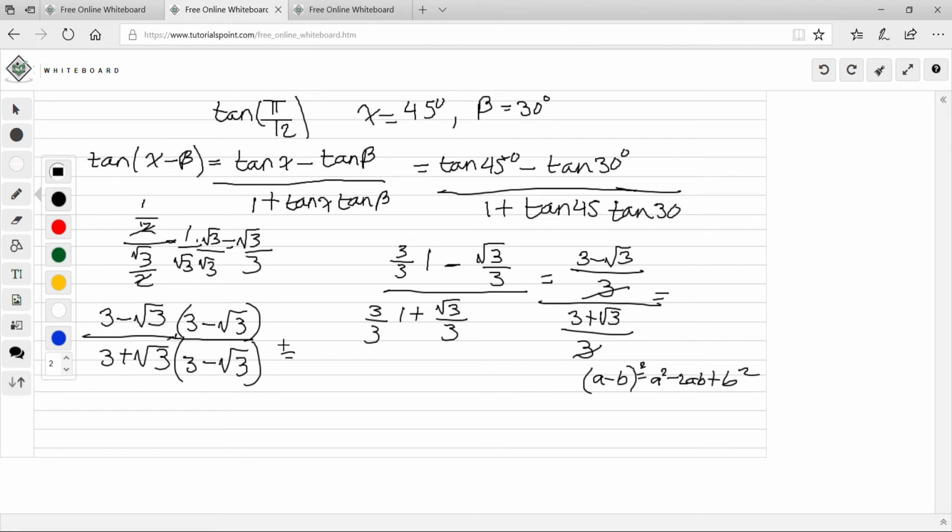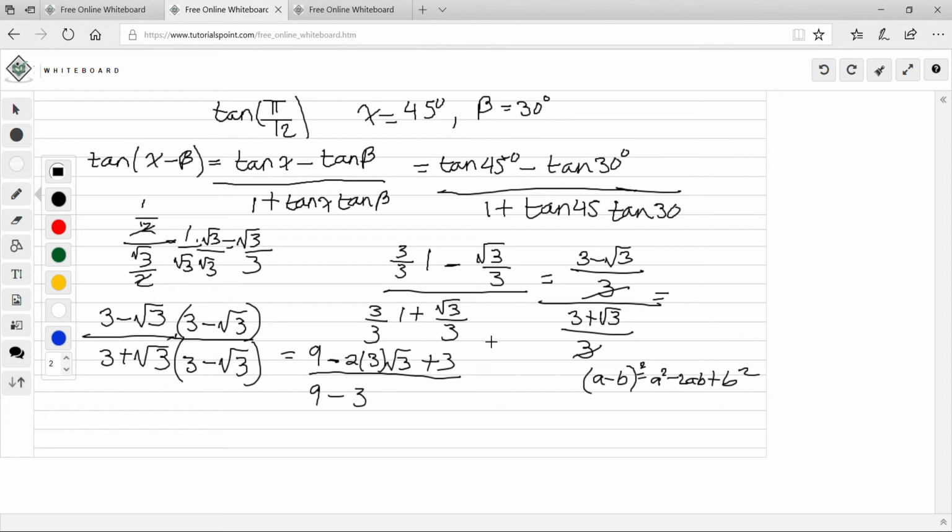So a squared is 9, minus 2ab, which is 2 times 3 times root 3, plus b squared, which is just 3. And the denominator is a difference of squares, a squared minus b squared, so 3 squared is 9 minus the square root of 3 squared, which is just 3.